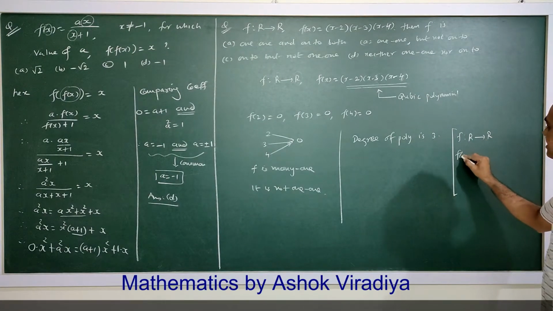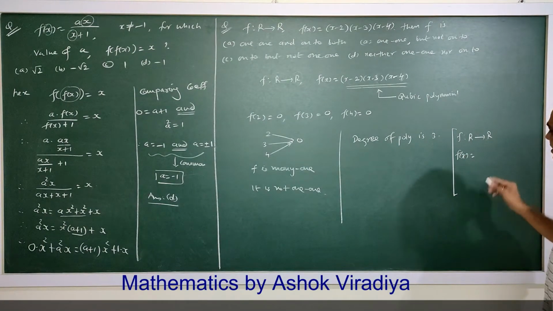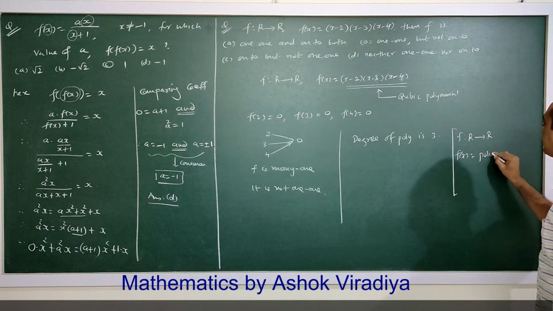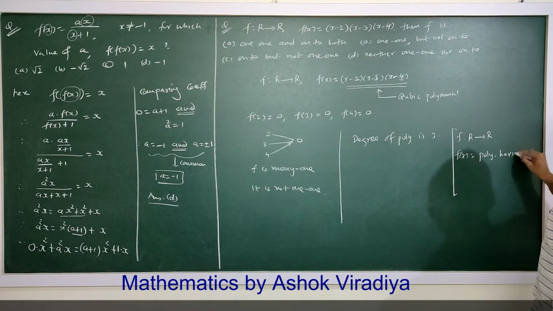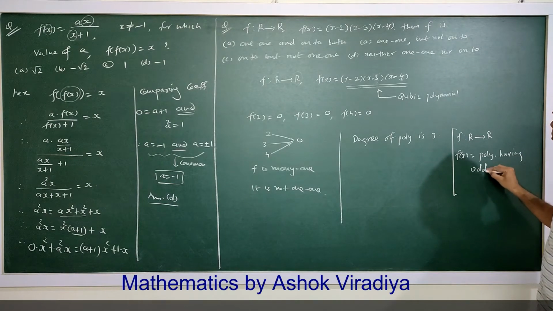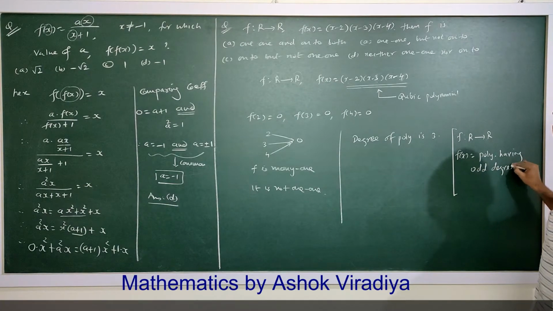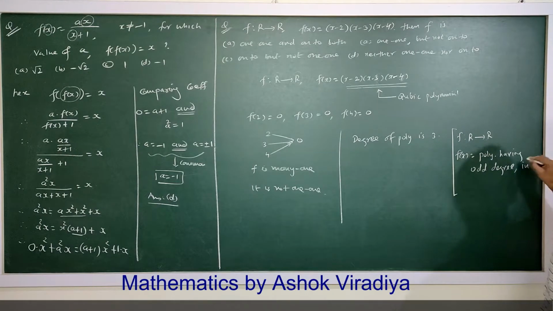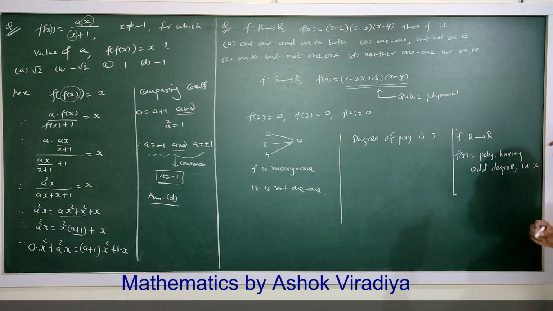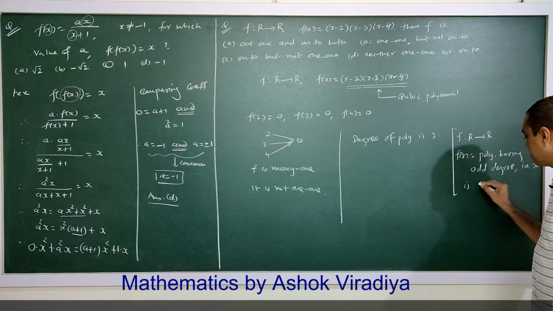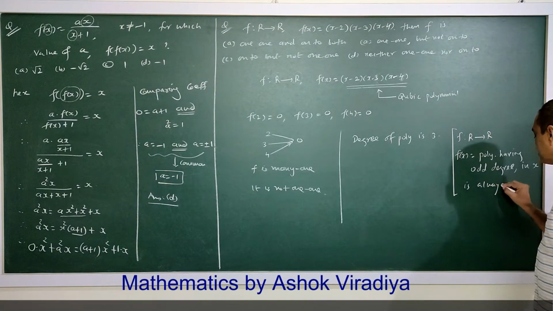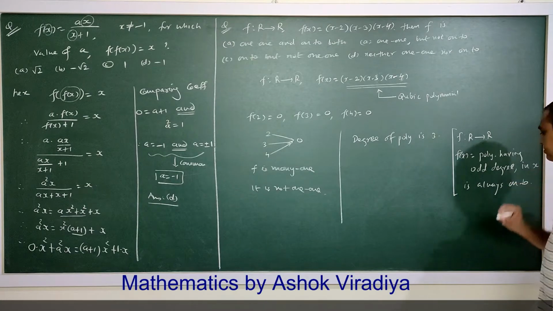And f(x) is a polynomial having odd degree. This is a polynomial in x having odd degree. Then this is always an onto function.